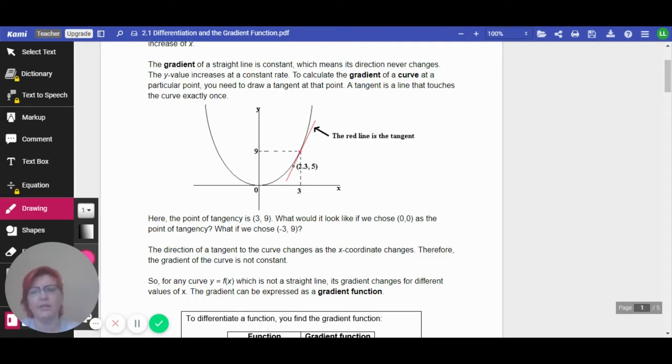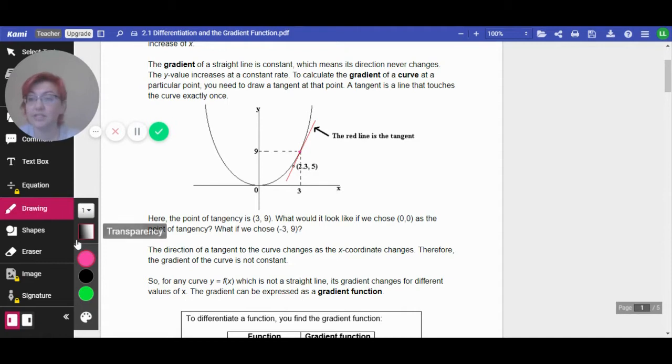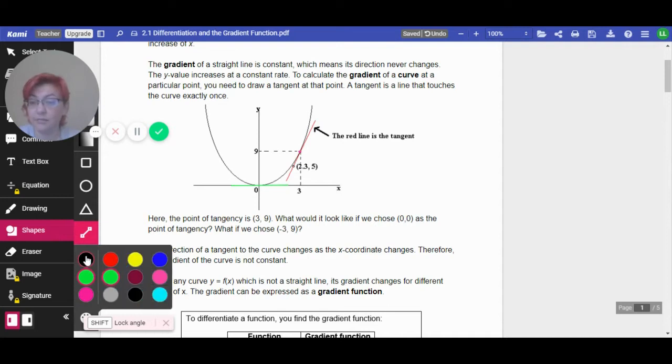But what would it look like if we chose (0, 0) as our point of tangency? Let's look. There's a line with (0, 0) as the point of tangency. What about (-3, 9)?